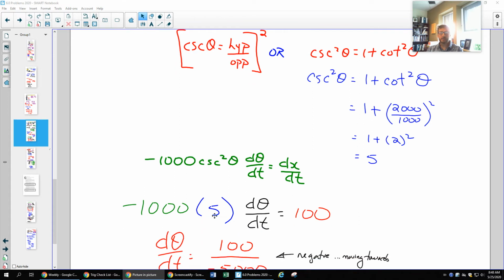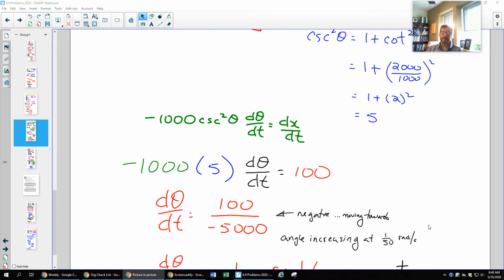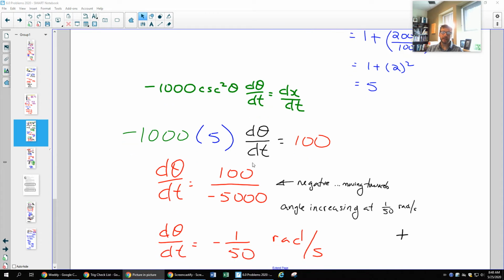So again, 5 is cosecant squared, the 100. When you put this in, you get a negative. And again, sometimes when you solve a problem, you have to deal with the context. Are we moving away? Are we moving towards? But we know the angle should be increasing. So we don't want to have a negative. So the idea then is that this really needs to be a positive 1 over 50 radians per second.